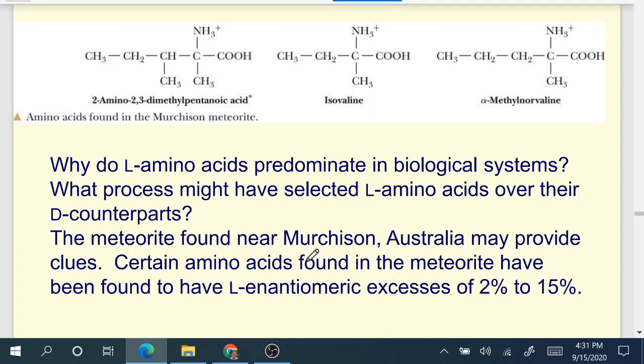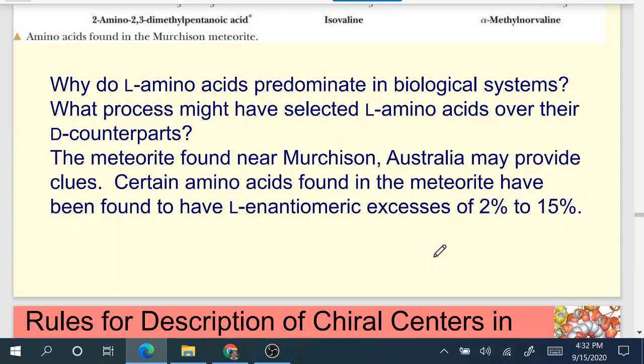So it did actually have some D amino acids, so it had these amino acids here. It also had a lot of other molecules, a lot of hydrocarbons and life molecules that originate from life forms. So it was a very unique discovery, but it did land in a barn, so there was a lot of speculation about this meteorite, and you can look it up if you're interested in more information about it. But it didn't have all L amino acids.